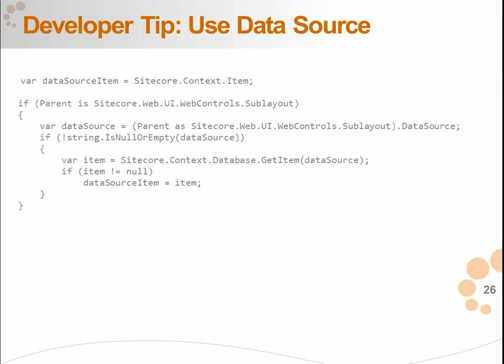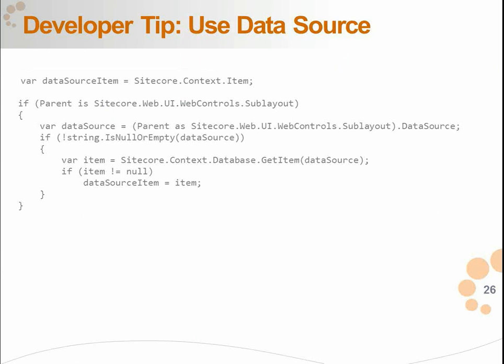So here's some code that developers can use to determine the data source and to use it. Now you notice the very first line of code there. We're using the context item. So we're going to fall back. As I mentioned, the data source may not be set, so we need to pay attention to the data source, but if the data source is not being set, we're going to fall back and use the context item because that could be what we're after.